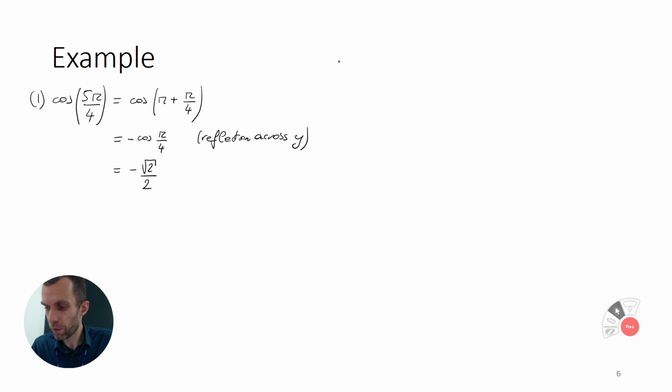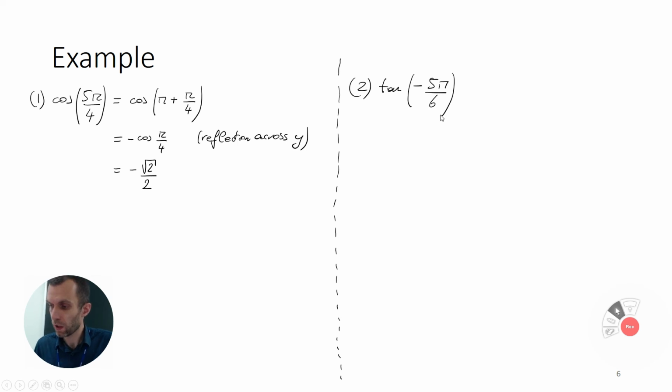Let's do another example, and I'll put it on the right-hand side here. So as a second example, let's have a look at the tangent of minus 5 pi divided by 6. And here we can use several rules in the same problem. So first, we'll use the even-odd rule to write this as minus the tan of 5 pi over 6.